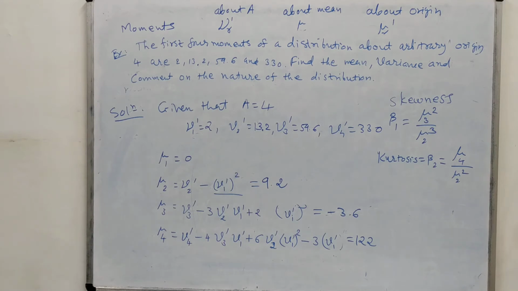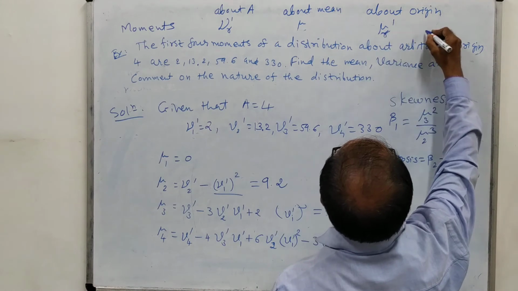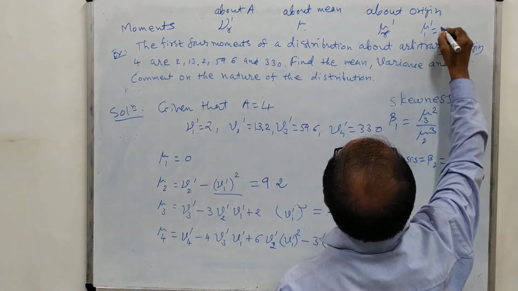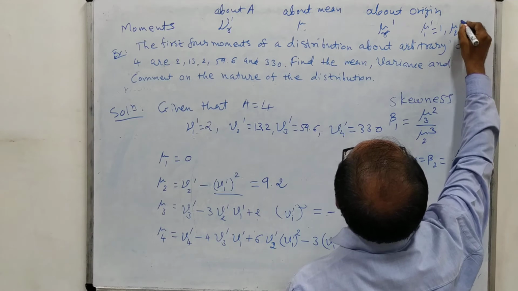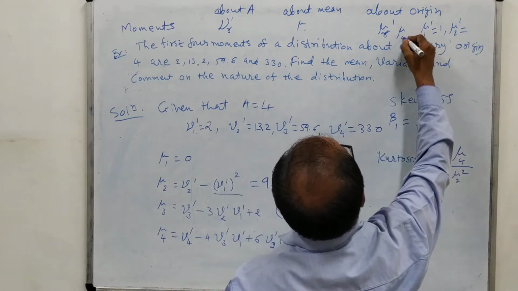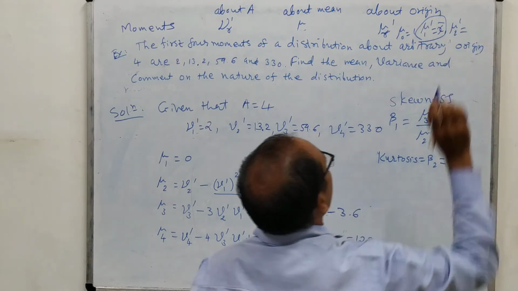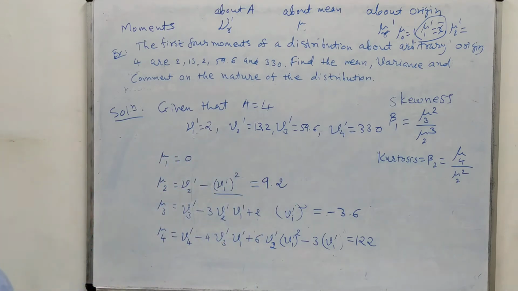Also you know very well that last time we studied the formula for mu r dash, where mu0 was 1 and mu1 dash was x bar.